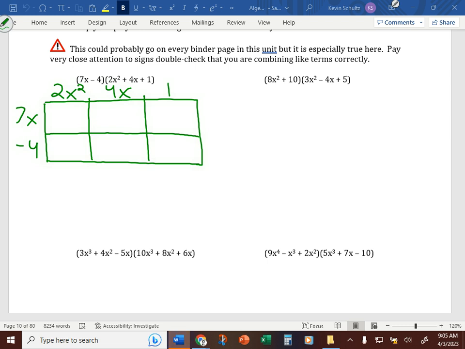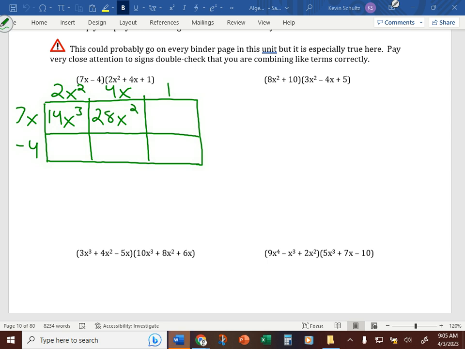Okay? And now how the box method works is each square is the product of the 2 terms that intersect there, right? So this top left box, we're taking 7x times 2x squared, we get 14x cubed. Right? Going over one, 7x times 4x is going to be 28x squared.